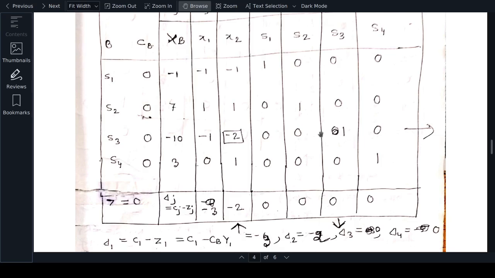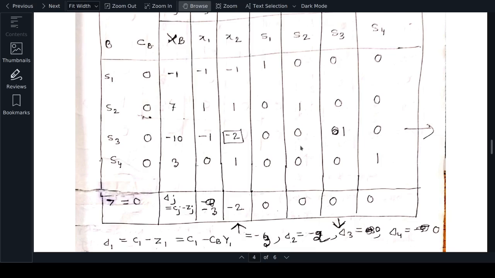Which is the most negative? -10 is the most negative. In which row is -10 present? The S3 row will be the key row. So you see, is this clear or not?